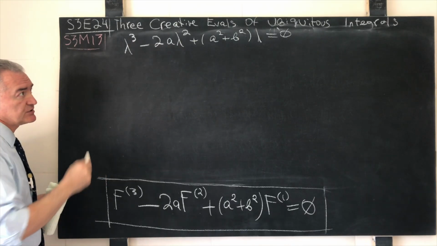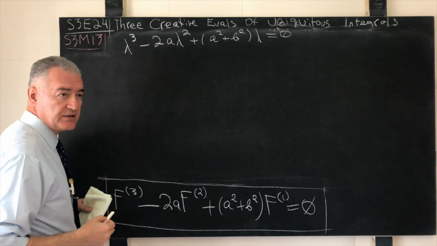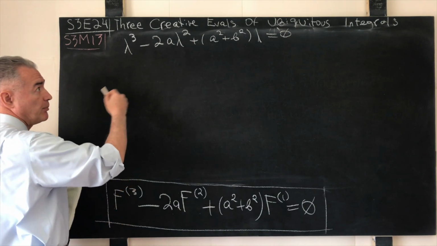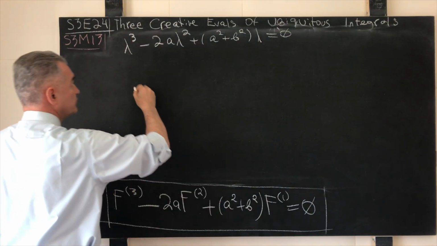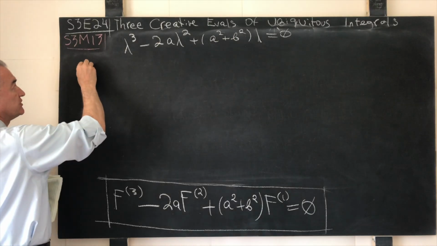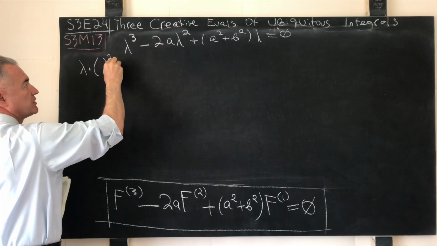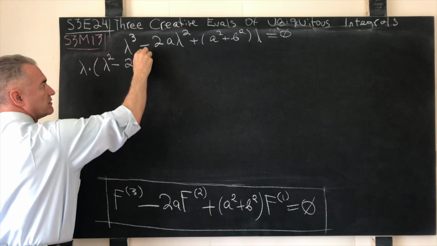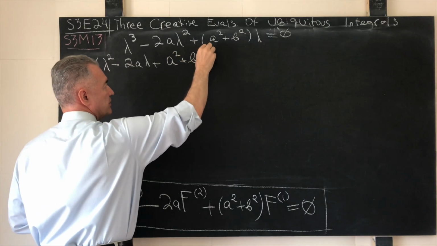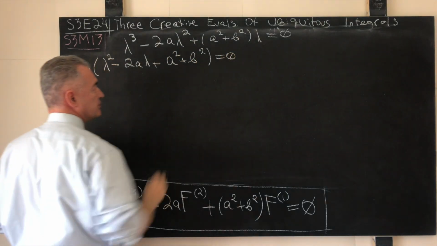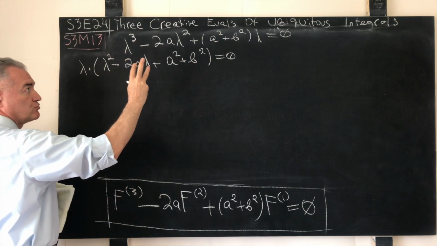If this were a fully fledged cubic equation, then there would be some pain along the way, but this time there is no pain. The factorization of this polynomial is quite merciful. We have the following result: lambda times (lambda squared minus 2a lambda plus a squared plus b squared) is equal to 0. And that means that we have 3 roots for this equation.